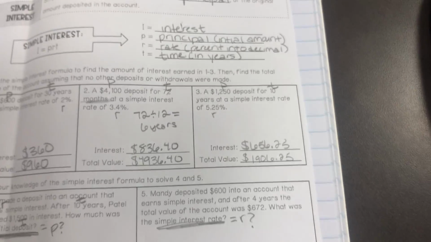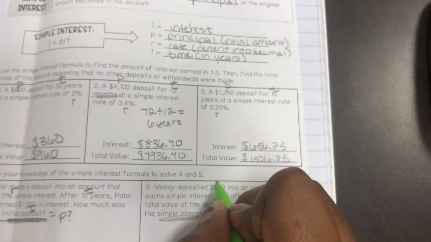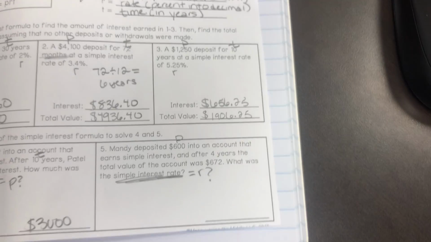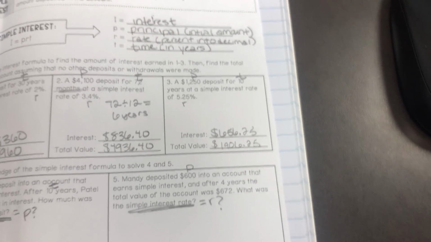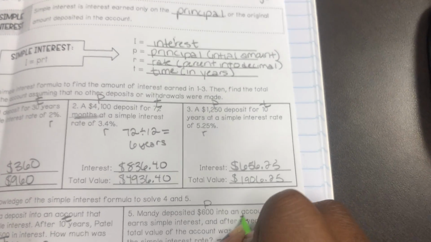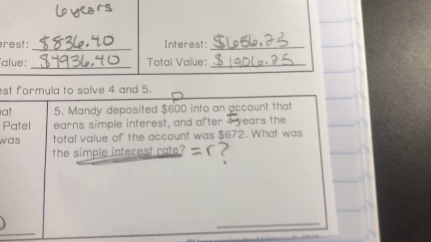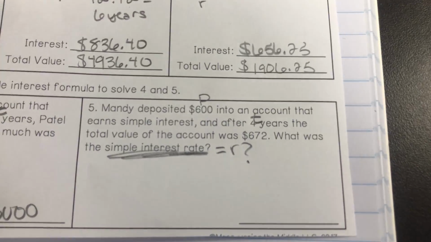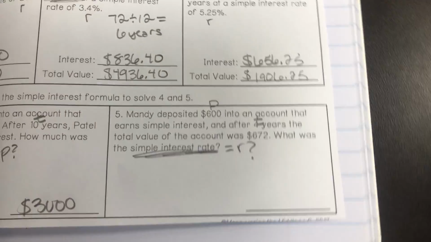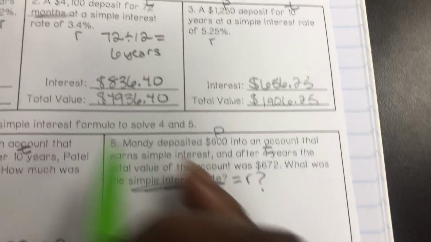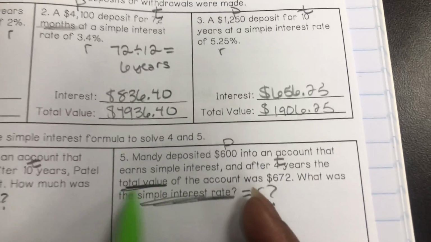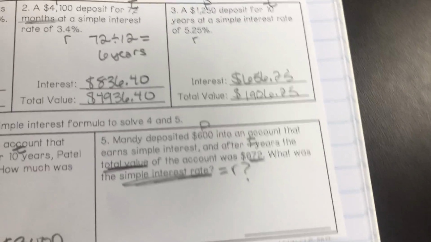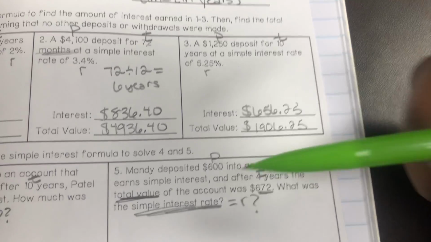Secondly, we know our principal. That's right here. Thirdly, we know our time. That's right here. But does it seem like they give us the interest right off the bat? Perhaps not, but we can figure out how to get it. The reason why we can figure it out is because they gave us this total value of $672.